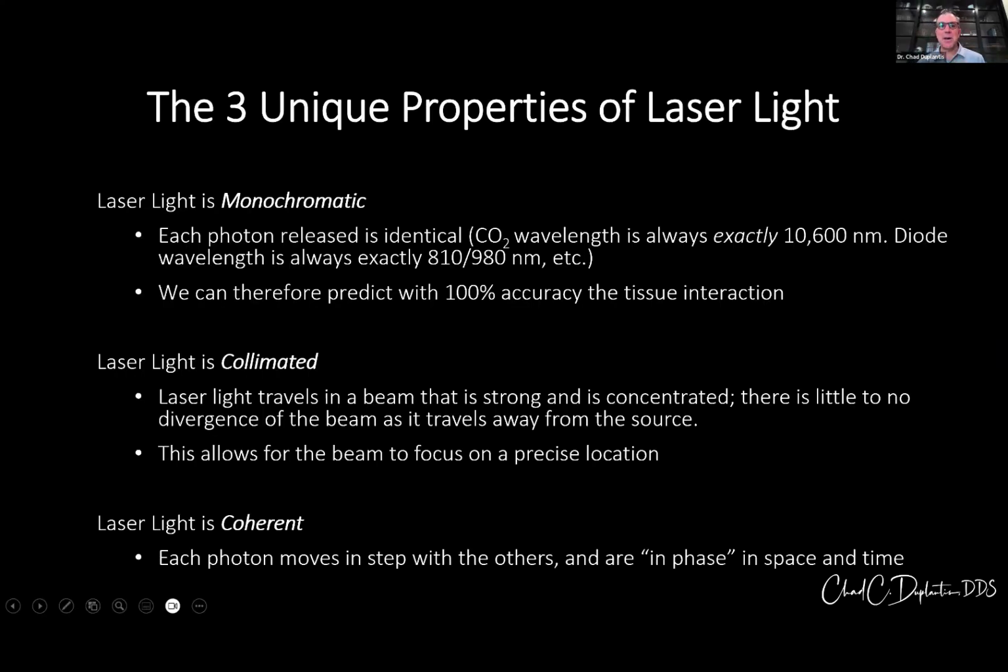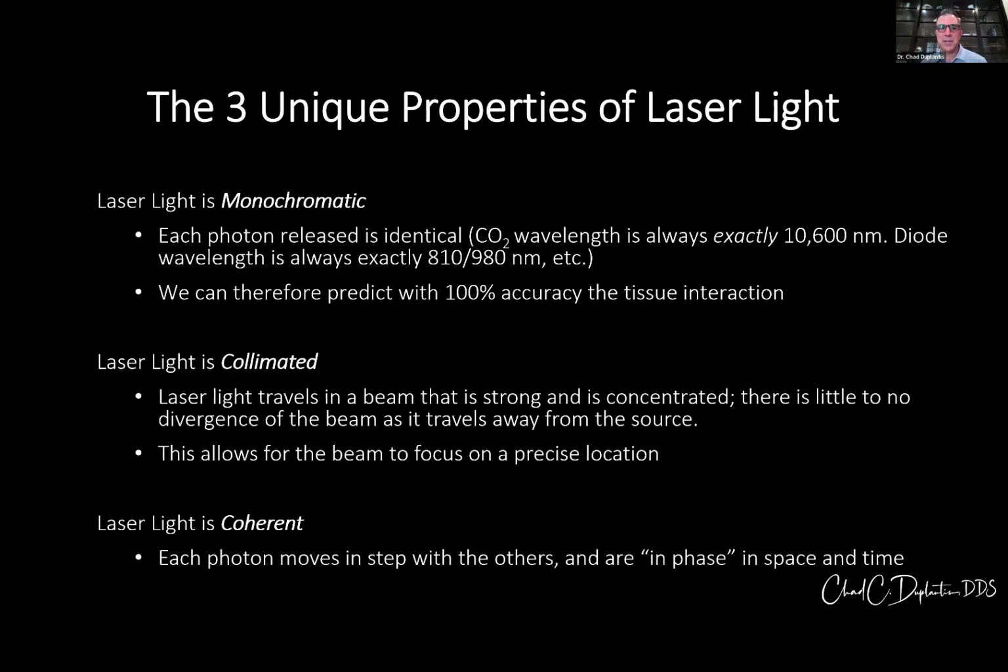Laser light is monochromatic. So each photon released is the identical wavelength. CO2s, for example, are 10,600. Diodes are 810 to 980 nanometers. And therefore, if we understand the wavelength, we can accurately predict the tissue interaction.